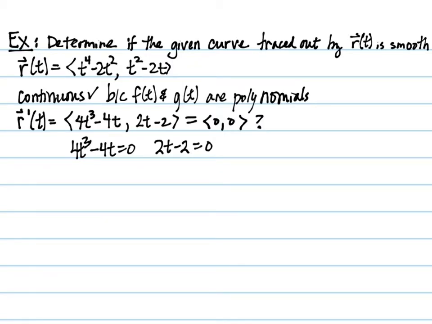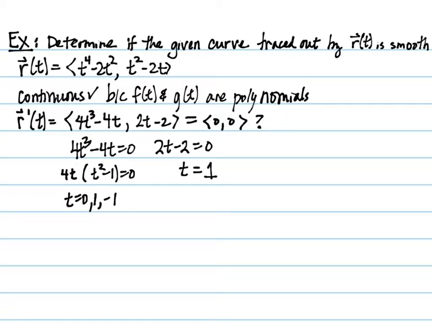Of course, the second one is easier to solve. I add the 2, I divide by 2, and I find that t is equal to 1. So the question is, at t equal to 1, does the other function also equal 0? Because it equals 0 at 0, too, but the second one didn't. So this one right here, if I were to solve it, I have 4t times t squared minus 1 equals 0, so that's going to happen at t equal to 0, 1, and negative 1.